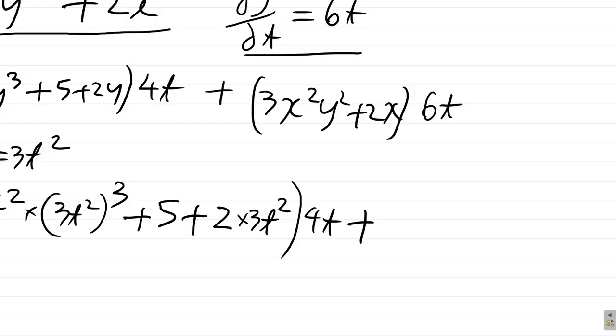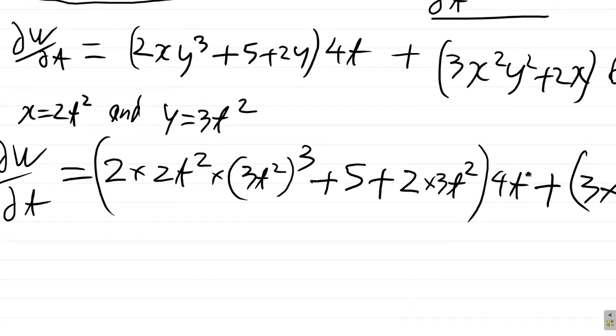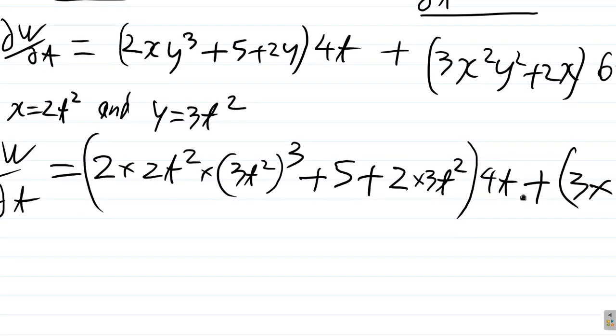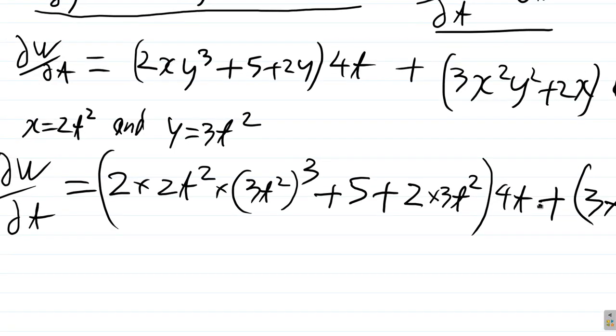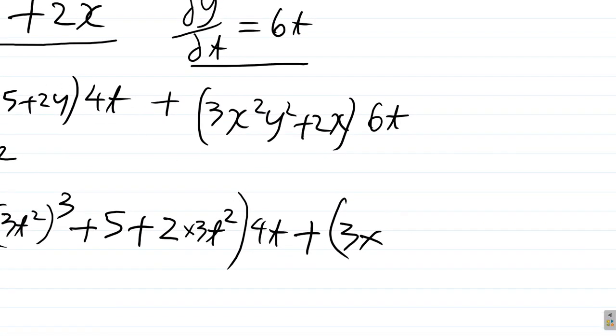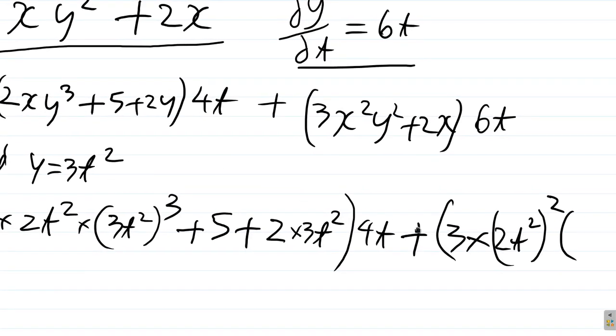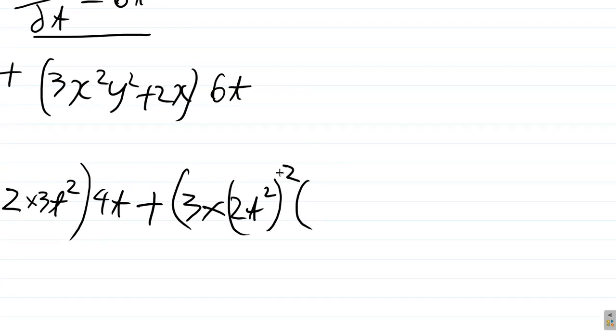So this would be 3 times, put it in bracket, 3 times x squared. X is 2t squared, so we have 2t squared all squared times y squared, which is 3t squared squared.